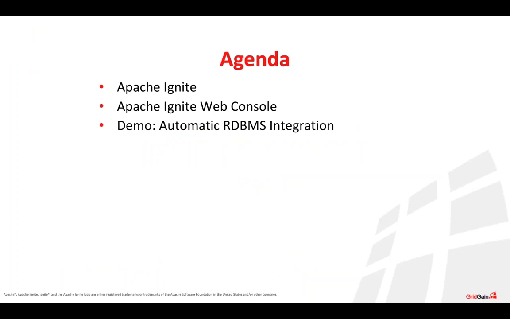The plan for today is to give you a brief reminder, a brief introduction, of what Apache Ignite is, what the Apache Ignite Web Console tool is, what you can get from it, and how you can leverage it in your environment.